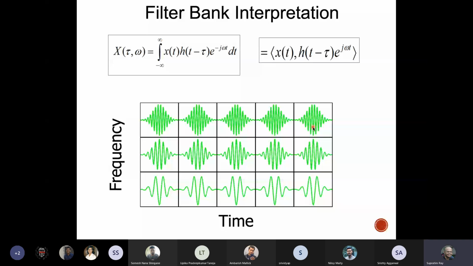No, no, no. What I'm showing you here is not the signal. What I'm showing you is the filter. The filter is exactly the same. It's just sitting at a different location. So this thing and this thing are exactly the same. It's just h(t minus tau) multiplied with a sinusoid. This sinusoid is the same everywhere.